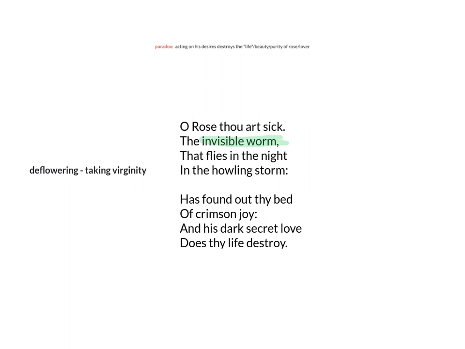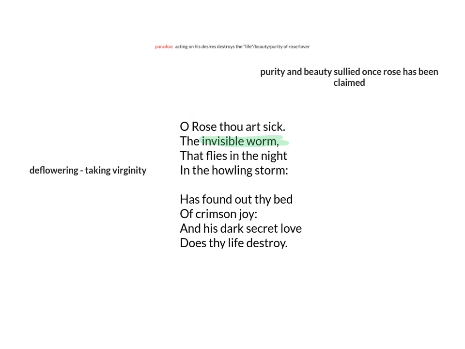So she will stop being pure and beautiful once he has sullied or snipped, if you like, going back to that image earlier, or claimed or taken the virginity of the rose.